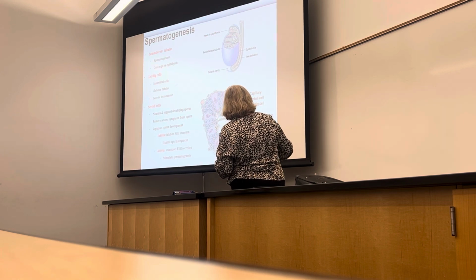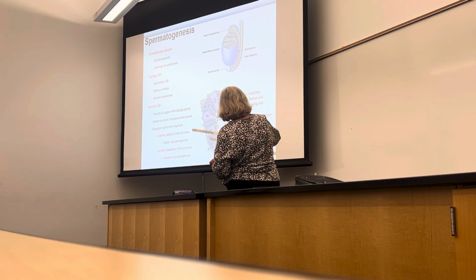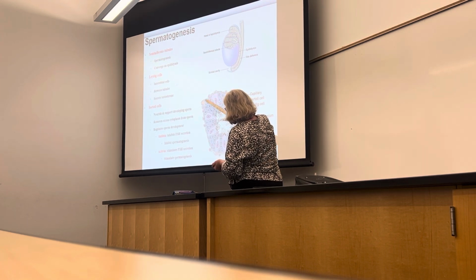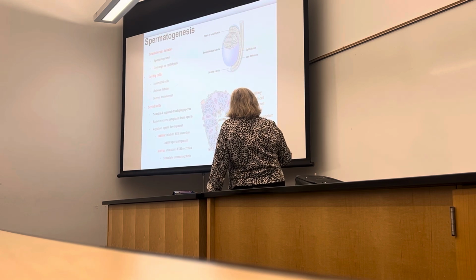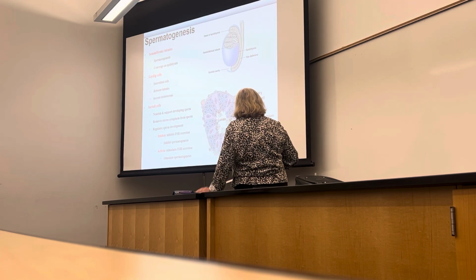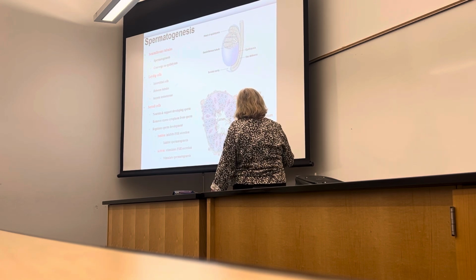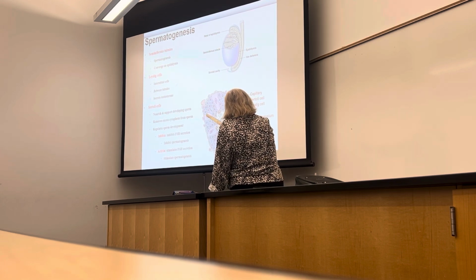First the Leydig cells, this one here in purple. They have a very important role in secreting testosterone and influencing spermatogenesis. The Sertoli cells, which are right here, nourish the development.